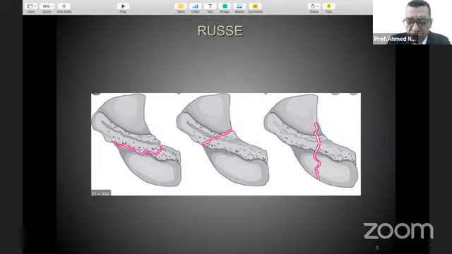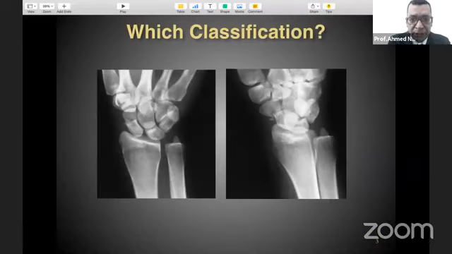The Mayo classification also, or the modified Cooney classification. There are different classification systems, but the most famous is the Herbert classification. For me, actually, I prefer to do a CT, or maybe I postpone this for further evaluation.